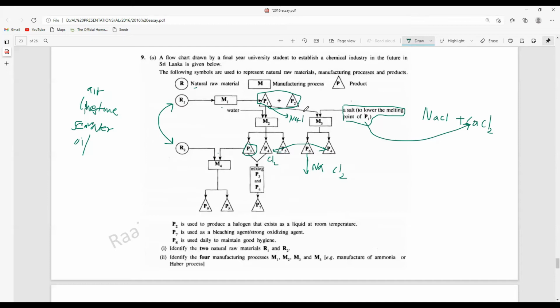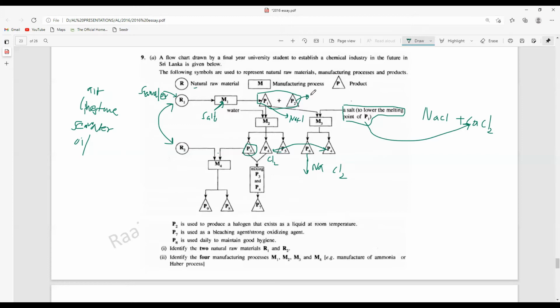If this is NaCl, the manufacturing process is formation of salt in solvents. So R1 should be seawater, right? Because you have seawater, you get formation of salt in solvent, so you get NaCl.